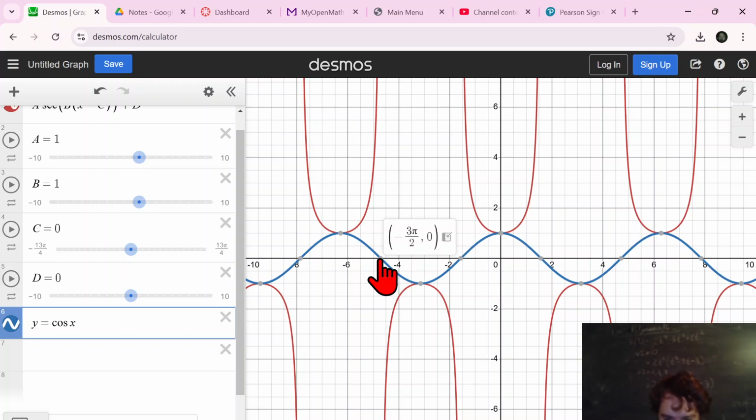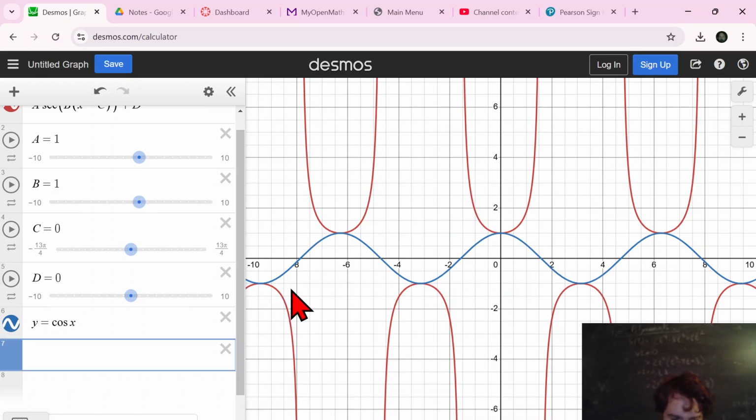And you notice that the places where the cosine graph, this blue line, crosses the x-axis, in other words, it's equal to 0, are at like negative 3 pi over 2, pi over 2, negative pi over 2, 3 pi over 2, 5 pi over 2, and so on.